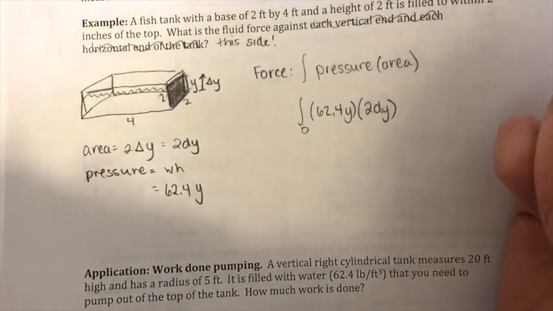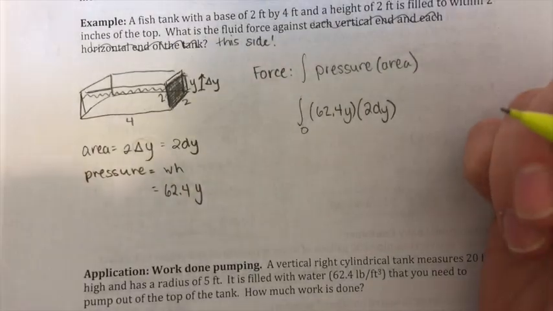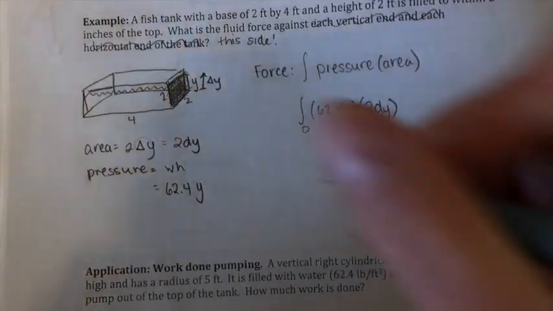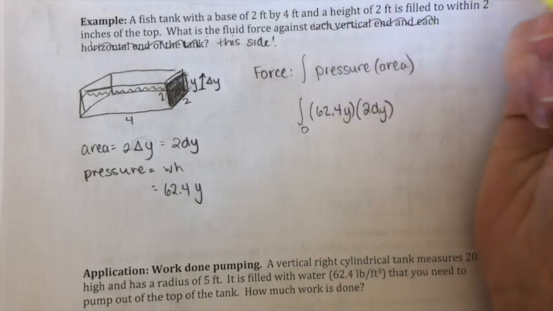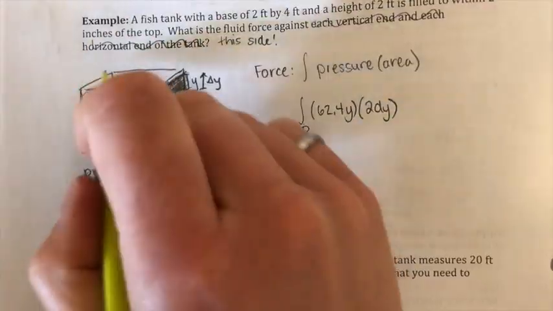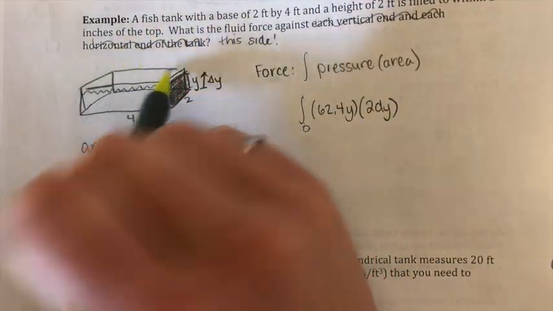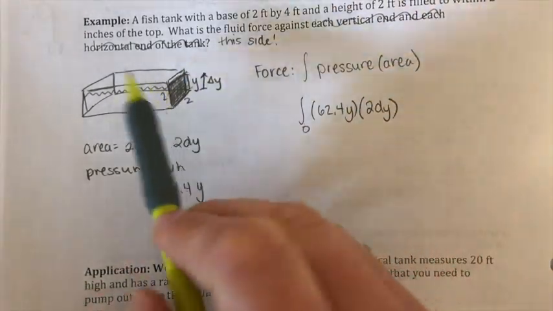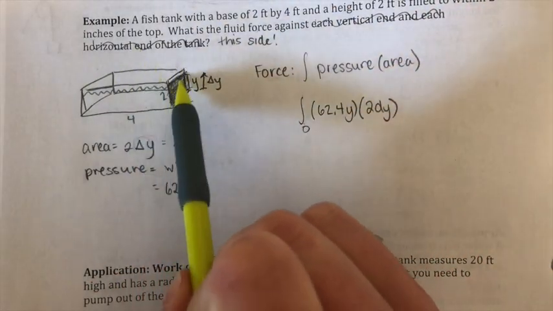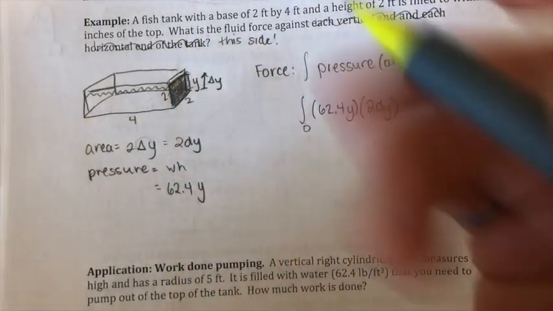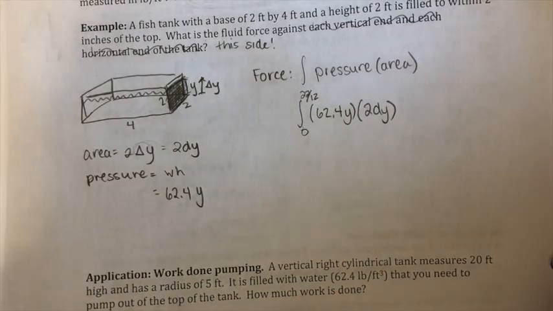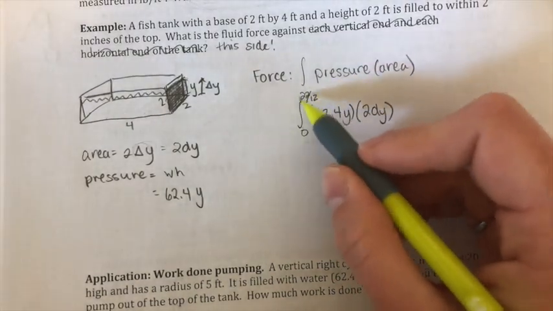Actually, it's not 4 inches short of the top, it's 2 inches short of the top. I don't know where I got 4 from. So it's going to be 22 inches, but we need to convert that to feet, so we have to divide it by 12. So there's our boundary.